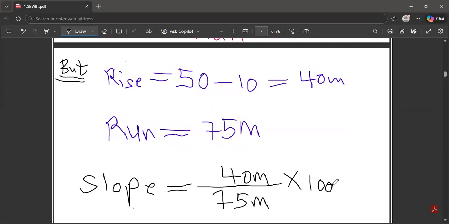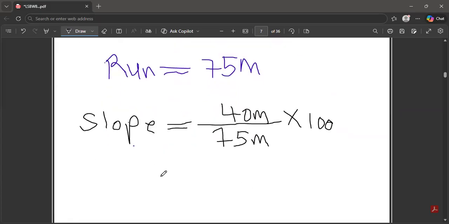But let's all punch it together on a calculator and see the answer we're going to get. You already know that meters will cancel meters. So 40 over 75 times 100, we're going to be getting 53.33. It's going to give us recurring decimals.